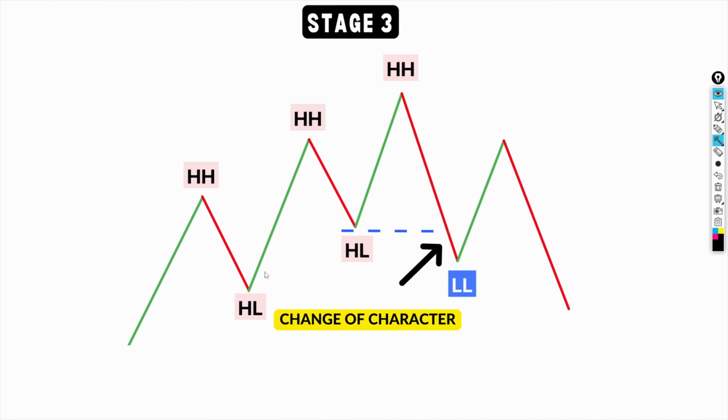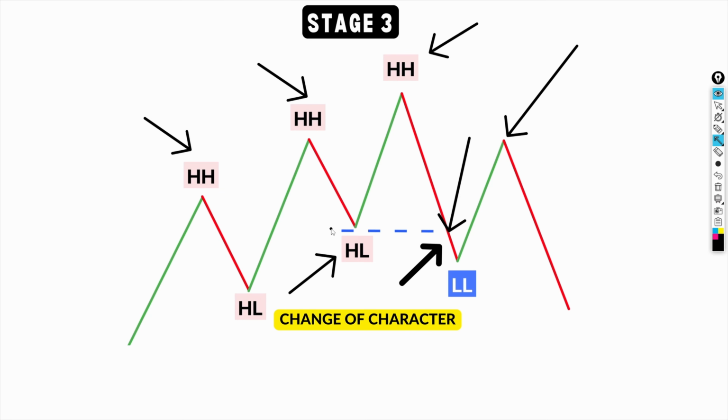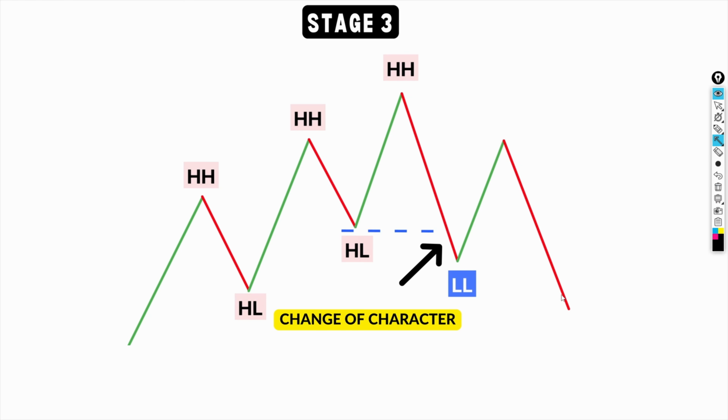Like in this case, you can see that previously market was creating higher highs, and after that market failed to reach the previous high, and here this was the higher low swing which was broken. This was the neckline which is broken here, and market created this lower low, which suggested this is a change of character.